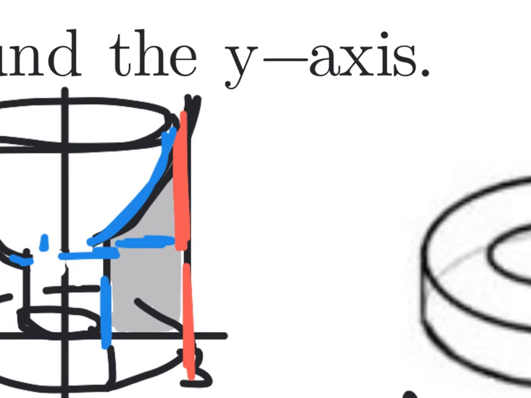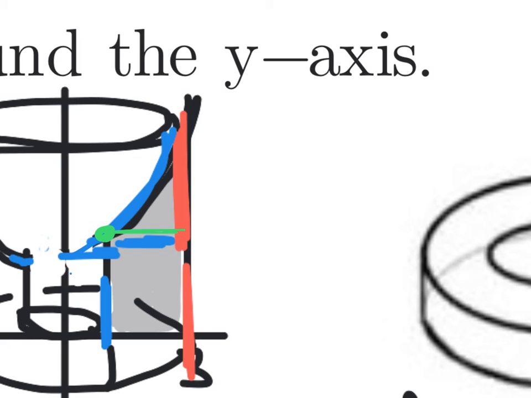Now earlier I said that we split our region when y was equal to 1. Now that's not exactly true. Where y equals 1 was where our parabola had its y-intercept, down here. However, where we're trying to split our region happens at this point, which is slightly above y equals 1.